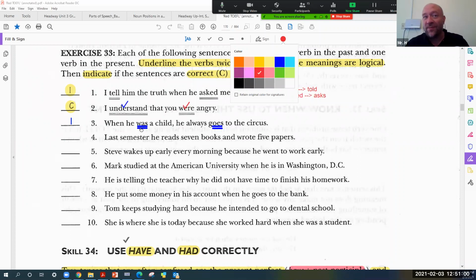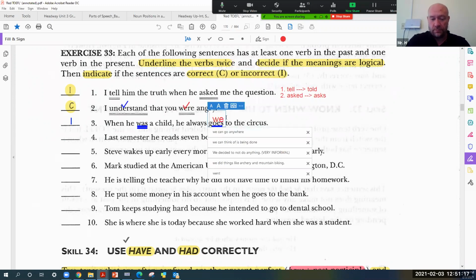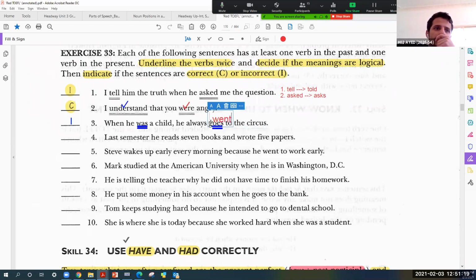No. Think about that. Can you say when he is a child? No. You can't change this one. But goes, you can and you should. It should be: when he was a child, he always went to the circus.